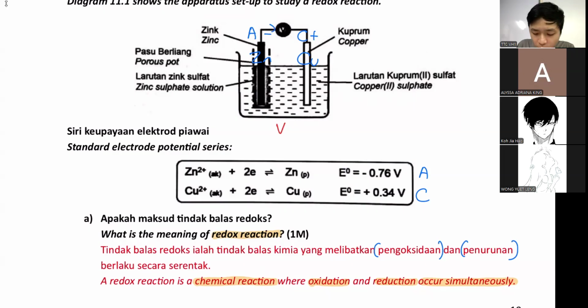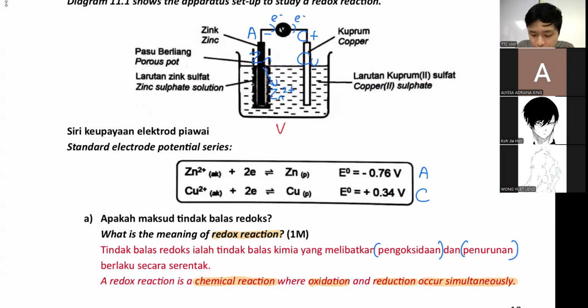Electrons flow from anode to cathode. And then we analyze what happened to the anode and what happened to the cathode. Is it atom turning to ion or ion turning to atom? So here, the zinc atom dissolves and becomes zinc ion.